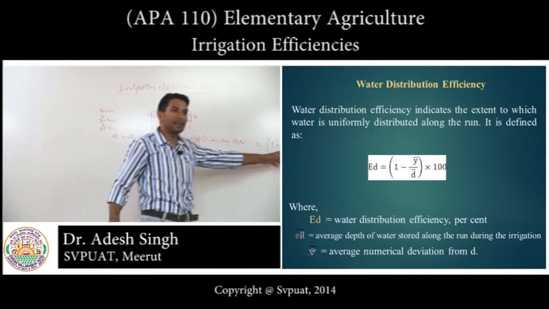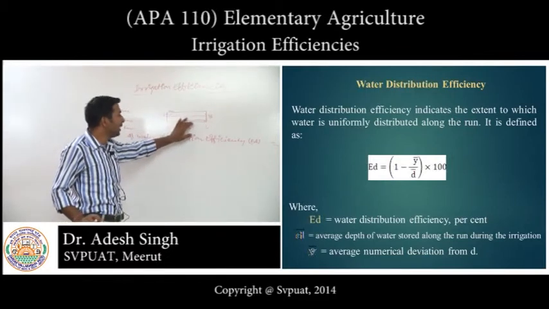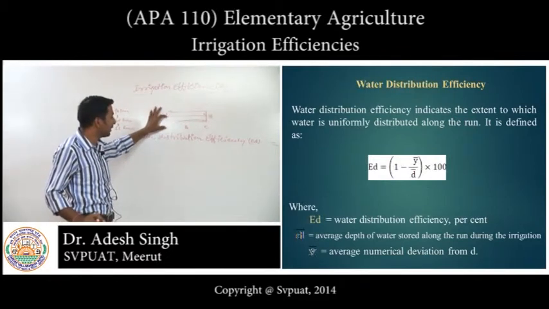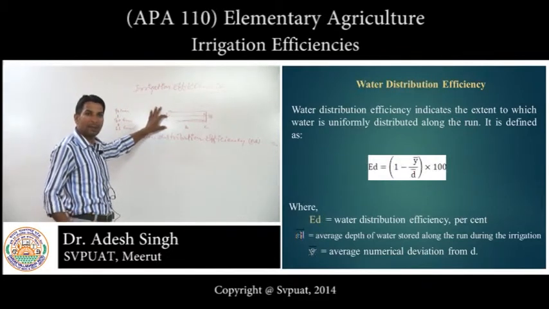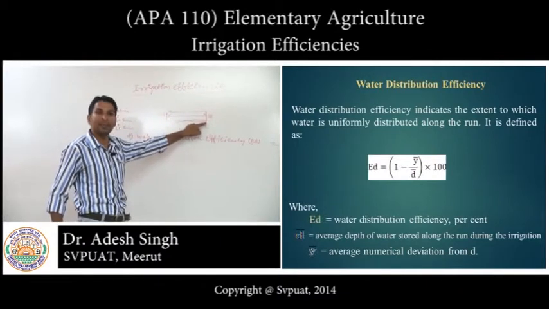So D bar is the mean depth of the wetness. Say, for example, wetness is up to this level here, up to this level here, and up to this level here.